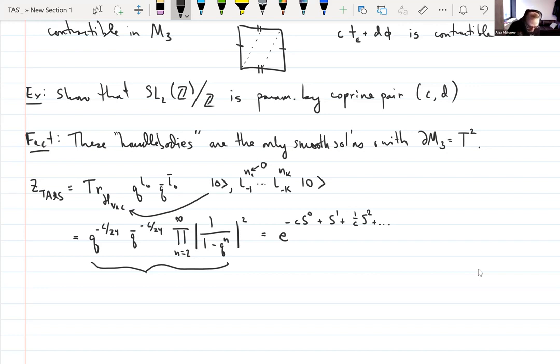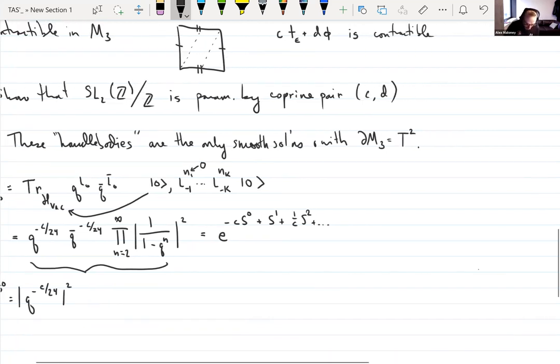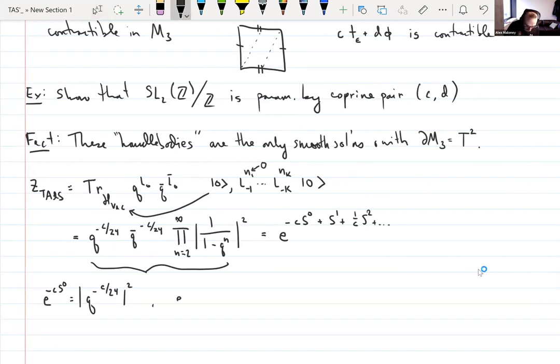And in particular, you can see that the classical action is q to the minus c over 24, absolute value squared. The one-loop action is this product.